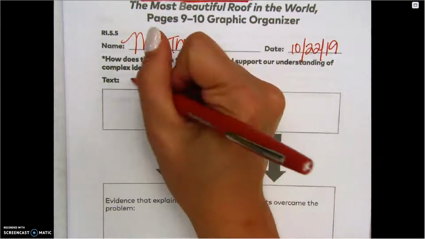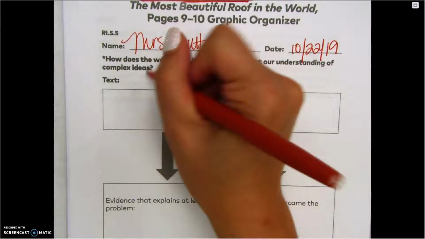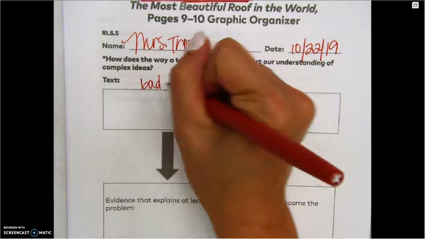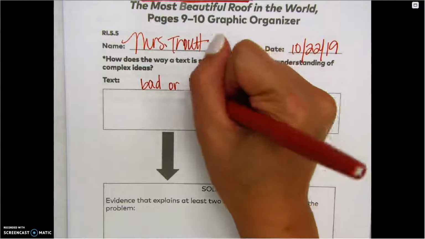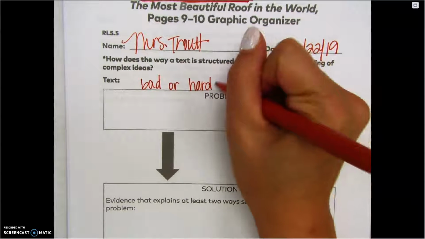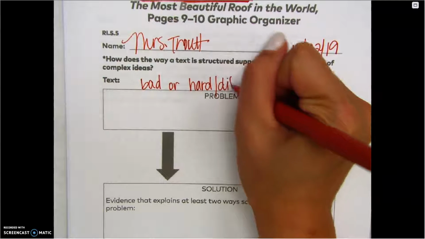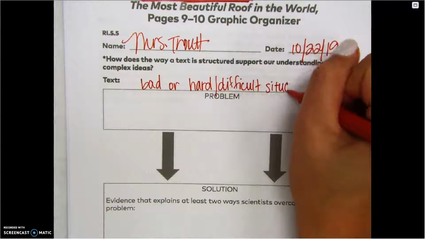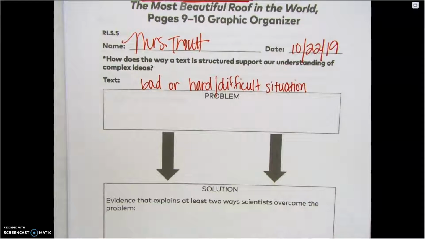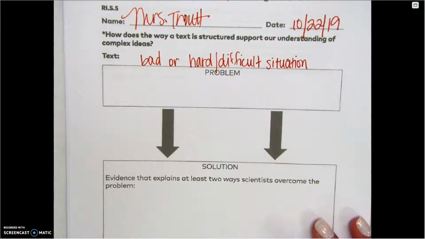No. How about if something is too easy? Bad, or something that is hard. So a hard or difficult situation. I like how some people are taking notes, and I like how people are taking notes quietly.